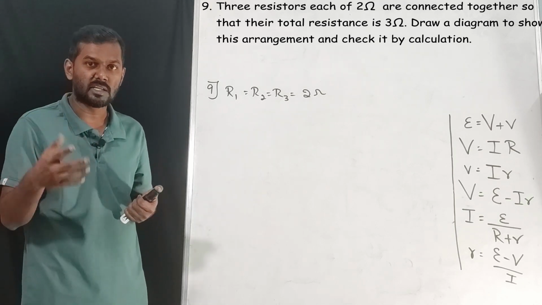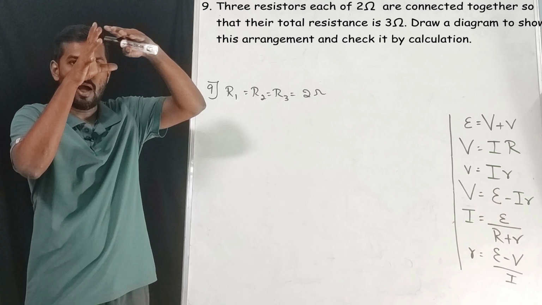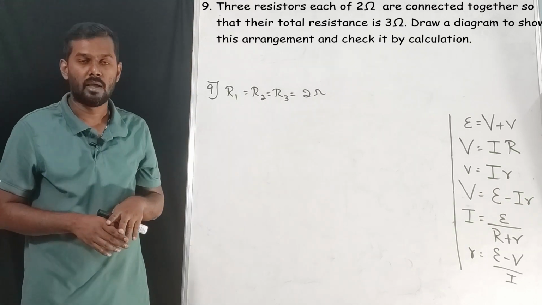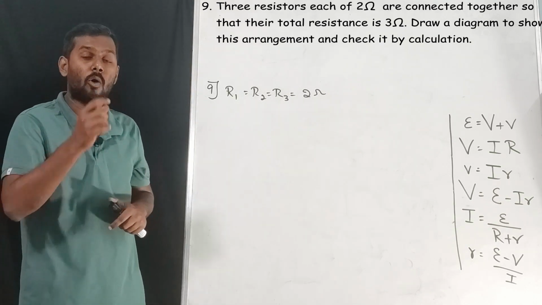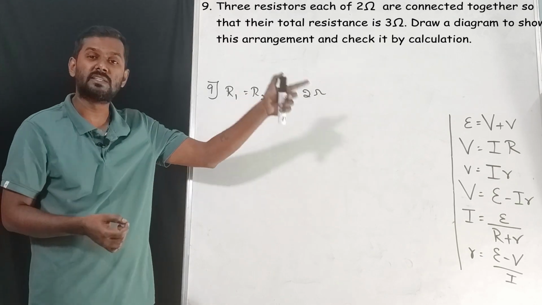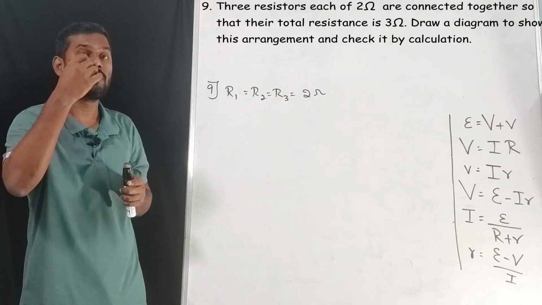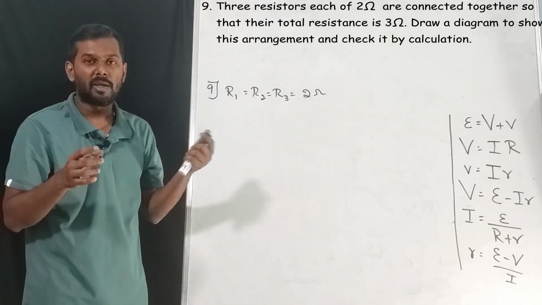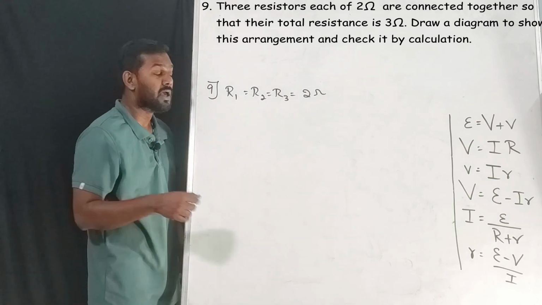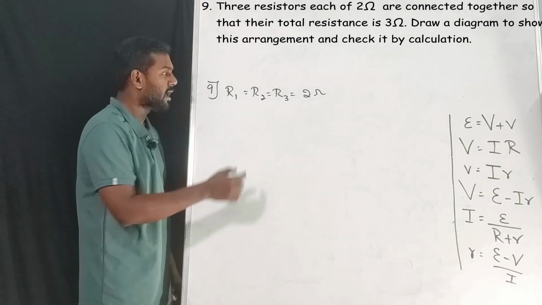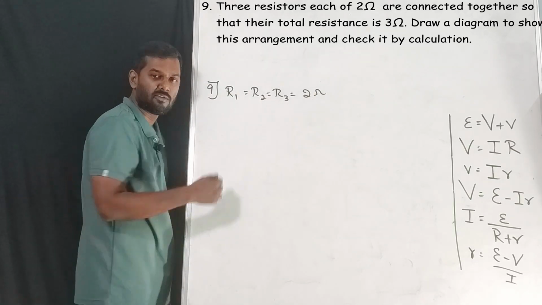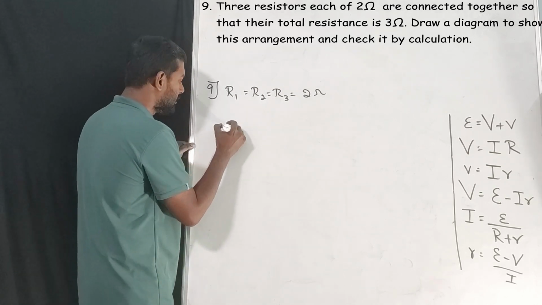So if you want the resistance to be less than 1, you have to add all of them in parallel. If you want more than one, one resistance value will be in series and the remaining 2 will be in parallel. We don't know which is in series, but in this case, because all the resistances have the same value, you can go for this connection.